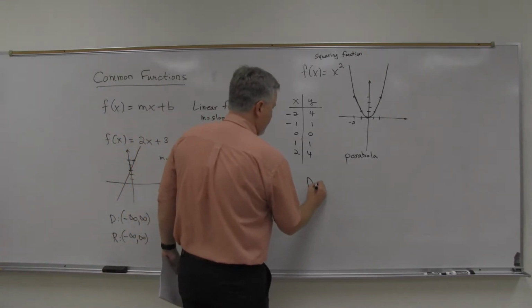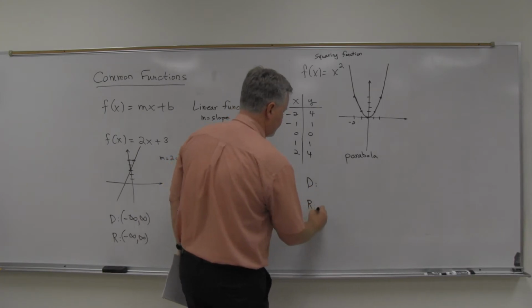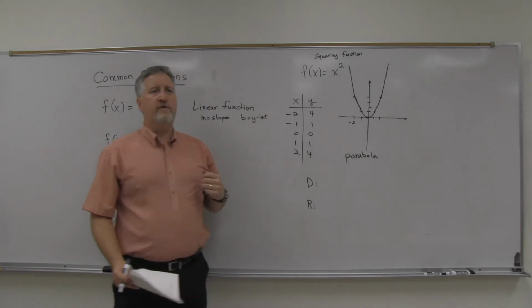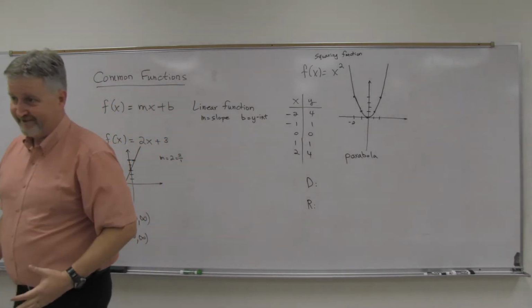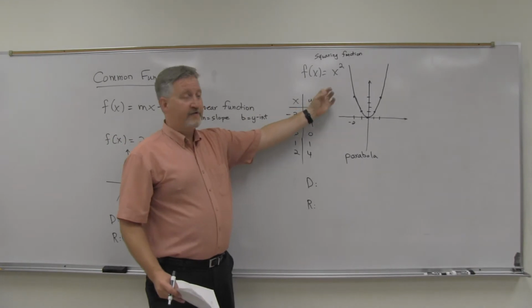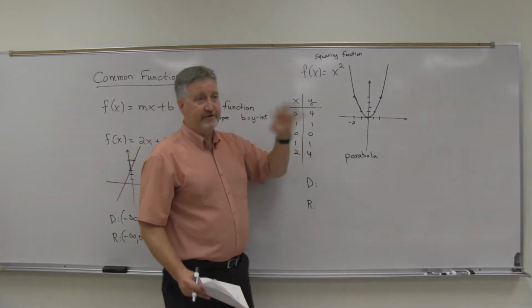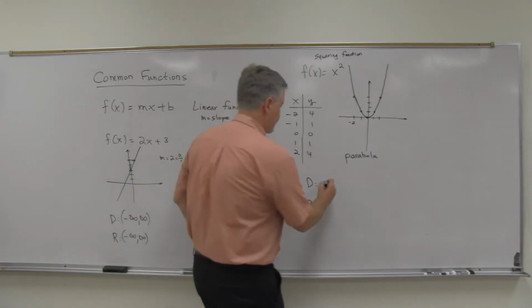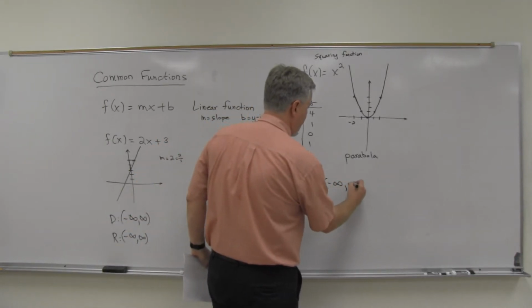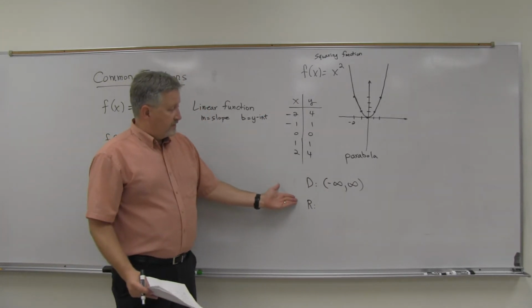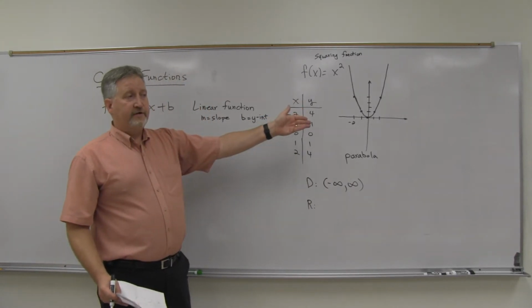Domain and range wise, what do we got? Well, since I have the function, when we're talking about the domain, the input values, x can be anything. I can input anything. Or if I look at the graph, all the x's are covered by a point. X can be anything. And when you go to the range, a lot of times it's better to look at the graph.